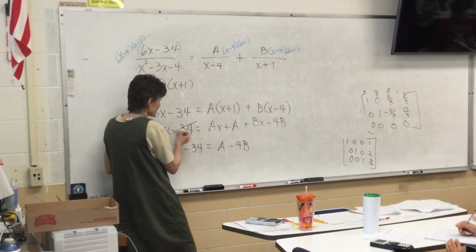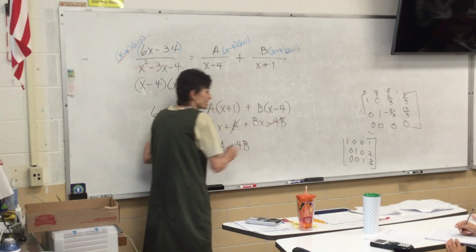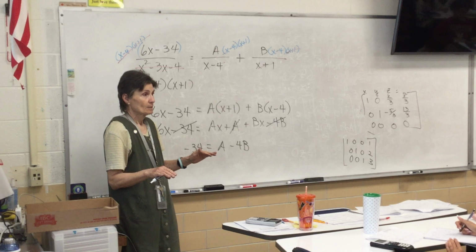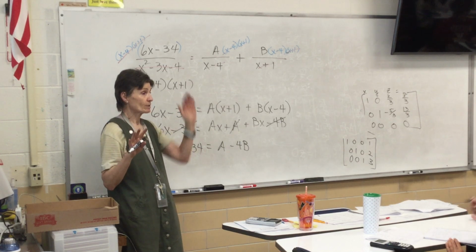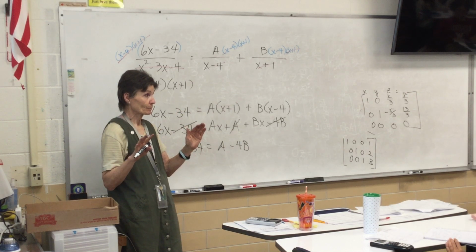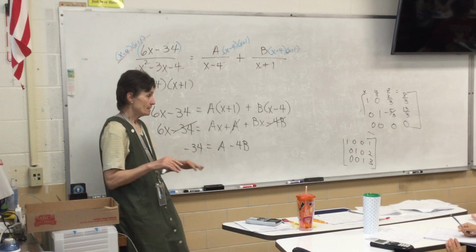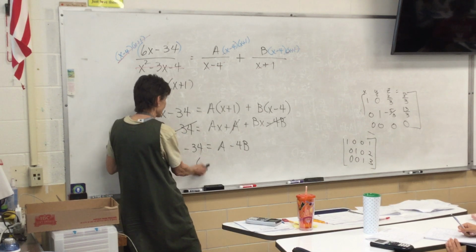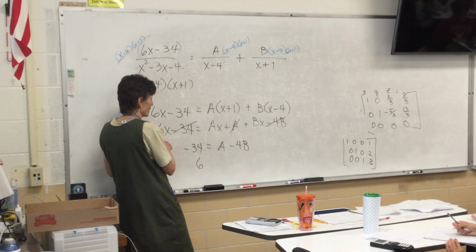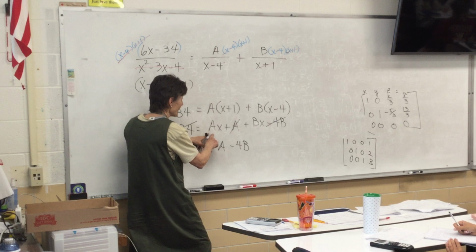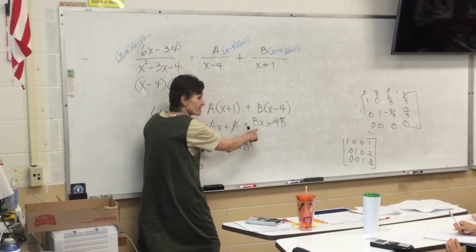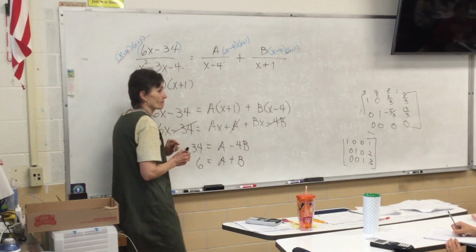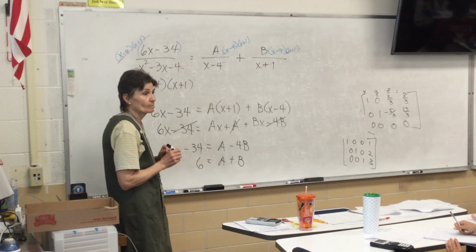So this and this and this all have no x. So the ones on the left are equal to the ones on the right. Okay? Now, do the same thing with the x's. On this side, I have 6 x's. On this side, I have a plus b x's. Now what have I got?